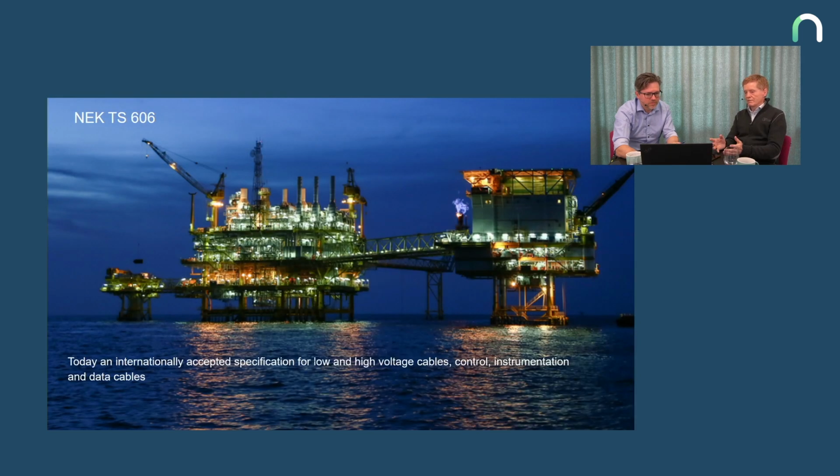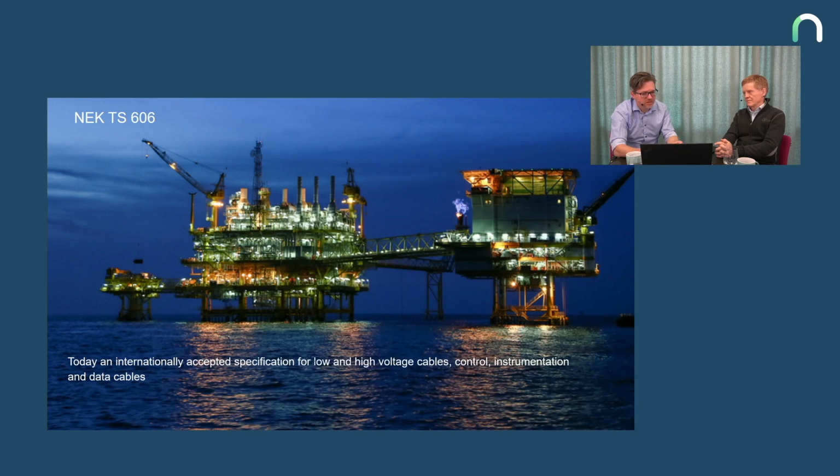So today, after more than 30 years, the NEK 606 is not a standard formally, but an internationally well-recognized specification, much referred to in the offshore business. That's also why we call it a technical specification, because we're not saying that it's an international standard in that way.